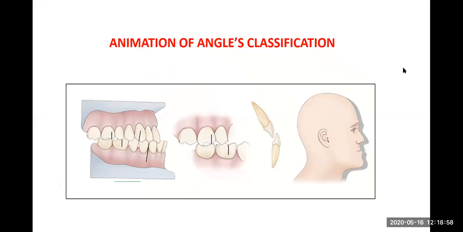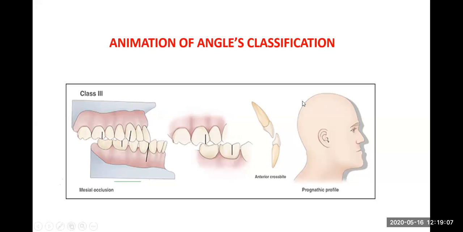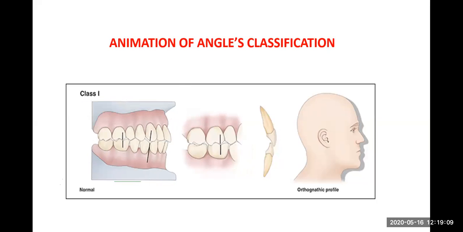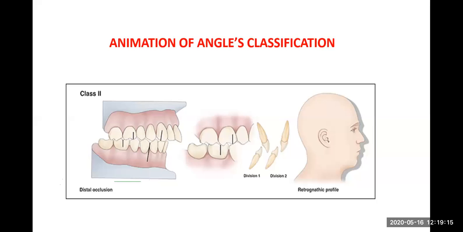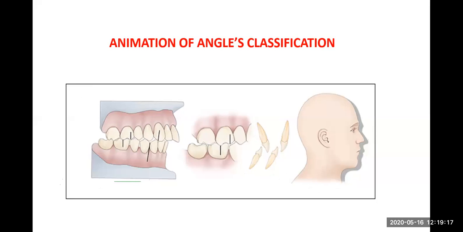Can you see? That is class 3. Where it is now is class 3. This is class 3. Then this is class 1. This is class 2. You can see that relationship.